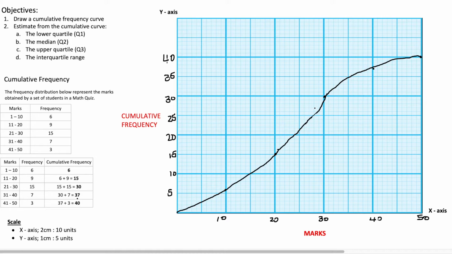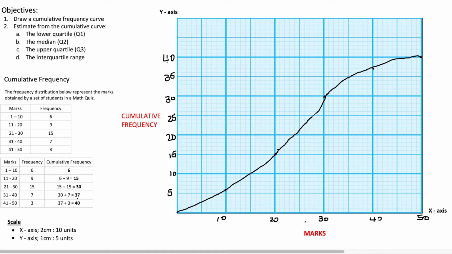Now, as soon as we have our cumulative curve, what we need to do next is to estimate the quartiles. As the name suggests, the quartiles are like quarters. First we're going to find the median.